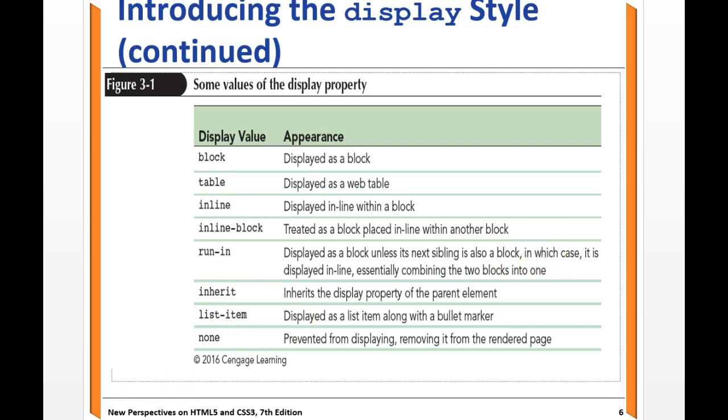As I said, we can put the display to none so that the browser will not show that. So it will prevent the browser from displaying that element. In this case, the element will still be part of the document structure, but it's not shown to the users. So that's what we can put to none.